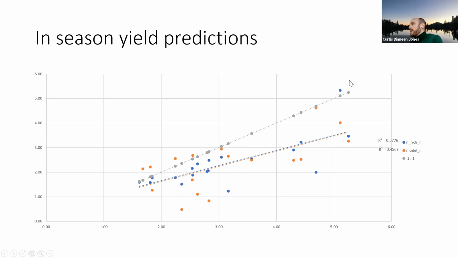Looking at this more directly in terms of the question posed, in terms of the in-season yield predictions, actually, the N-rich strips do better. Those are the blue dots here. The gray dots, the one-to-one line. But the model simulations are done reasonably well, and the trend lines are almost perfectly overlapping.